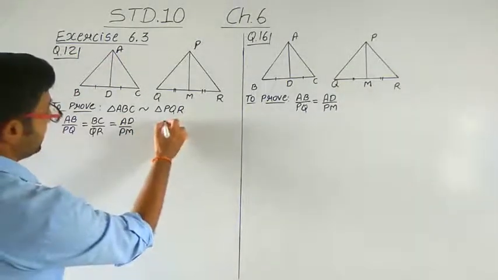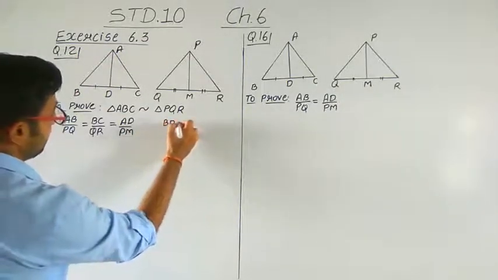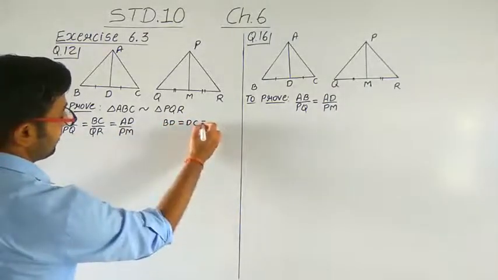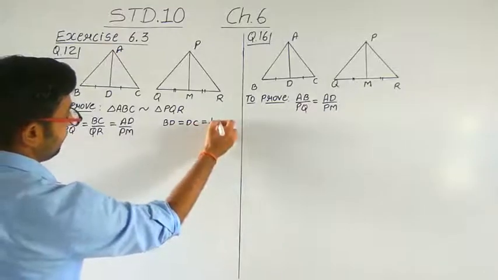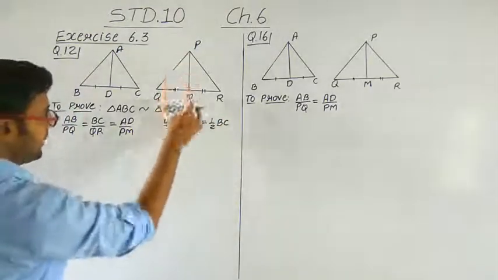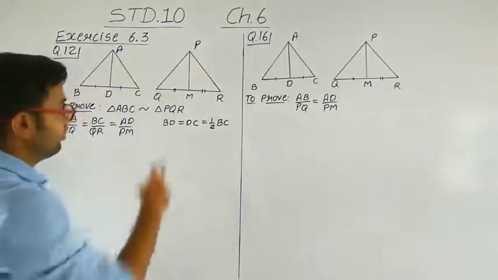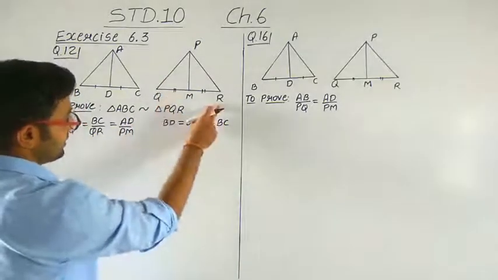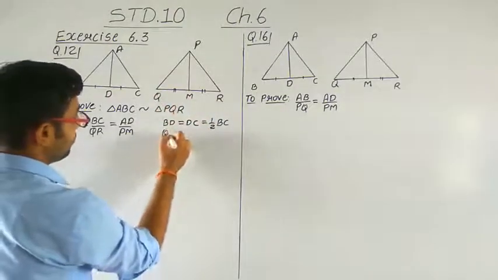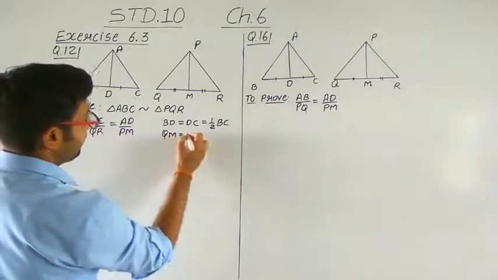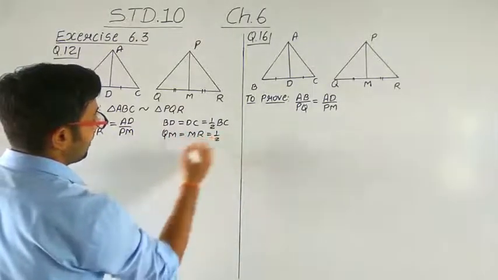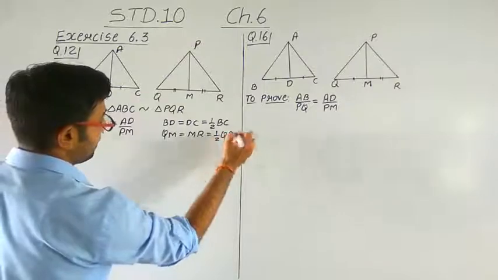BD will become equal to DC and both will become equal to 1 half of BC. In the same way, here also PM is the median of the side QR. So QR side is also divided into two parts, QM and MR. So QM will become equal to MR and that is equal to 1 half of QR.